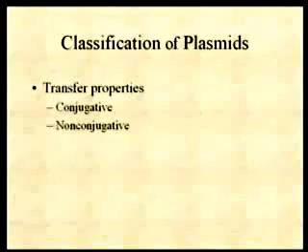But I should tell you that even though non-conjugative plasmids cannot mediate conjugation by themselves, that doesn't mean that they're not of concern. Because if a non-conjugative plasmid finds itself in the same cell as a conjugative plasmid, the conjugative plasmid can mediate transfer of both.